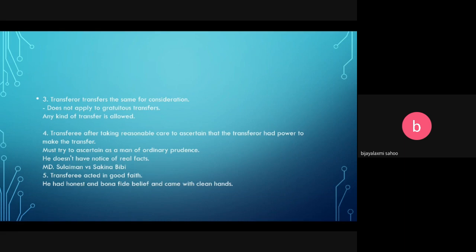So the ostensible owner here is transferring that property to another person for consideration, and the person who is getting that property, that means the transferee, has tried to ascertain that the transferor had power to make the transfer after exercising reasonable care. So the transferee exercised reasonable care and ascertained that the transferor had power to make the transfer.